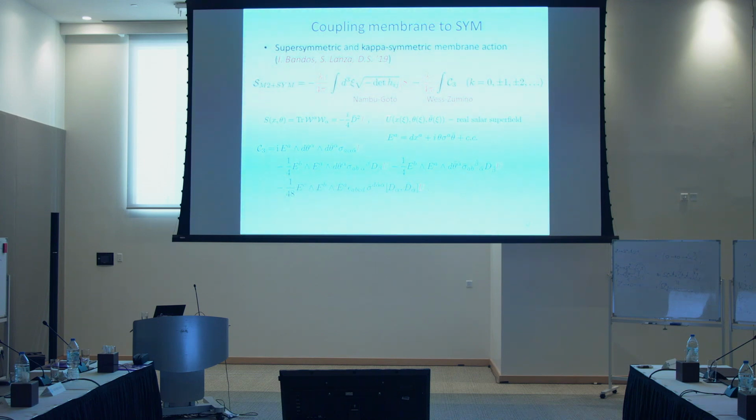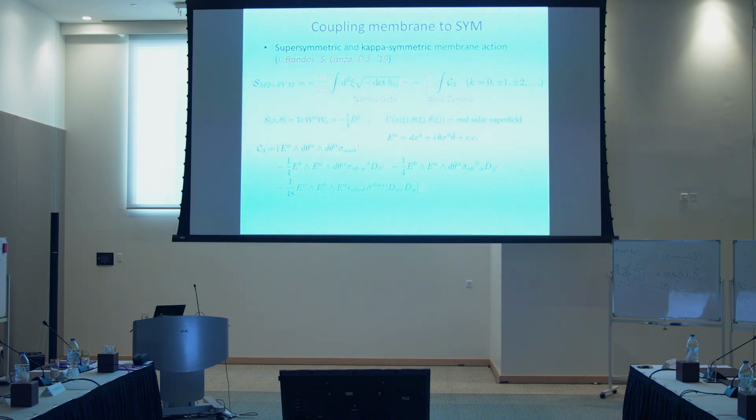U is the superpotential, and this 3-form here has this structure. So it's constructed with the use of the flat superfield vielbeins and the superpotential in its covariant derivatives.